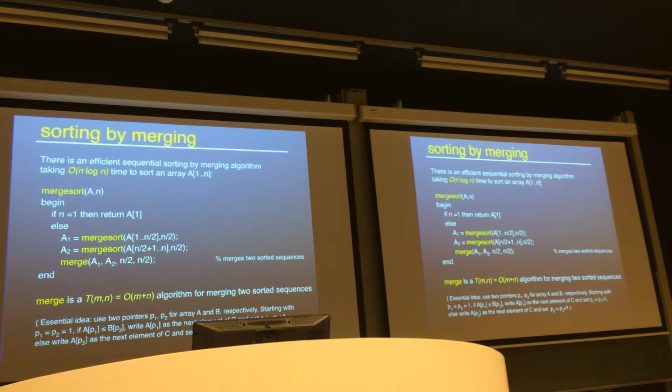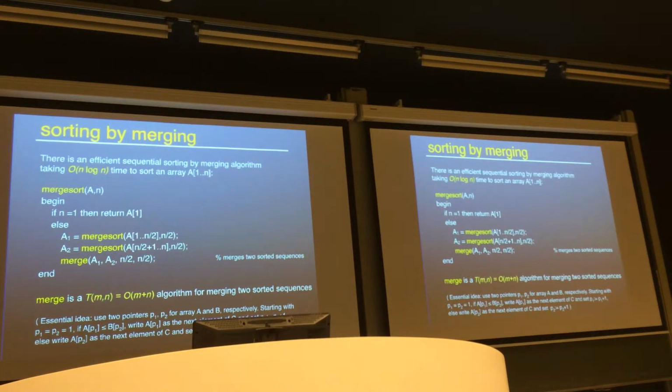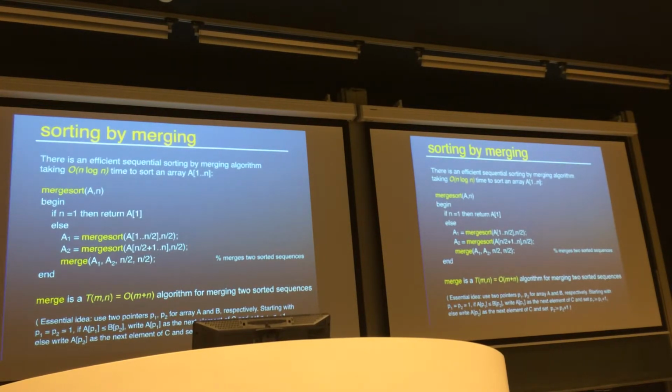And the basic idea is very simple. If you compare two sorted sequences and you want to find a final sorted sequence, then in every step you can compare the two first entries in the arrays that have to be merged.